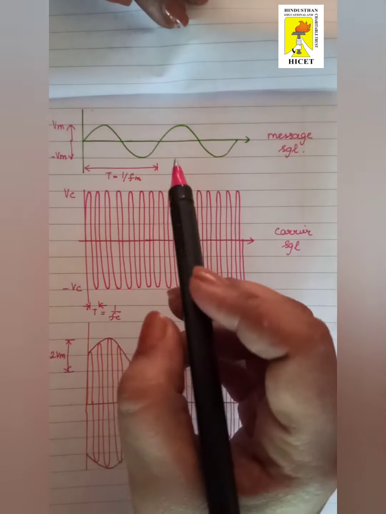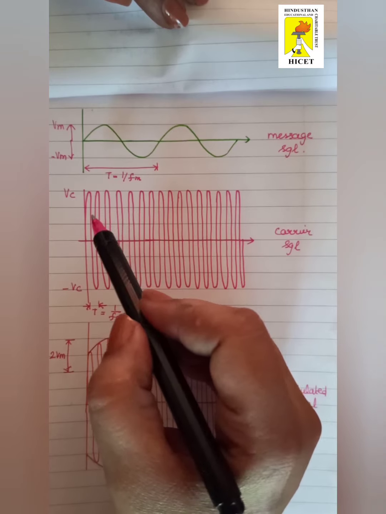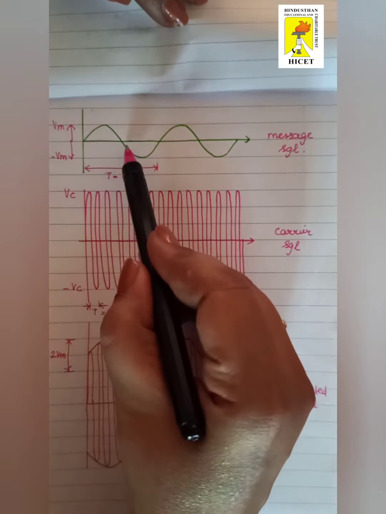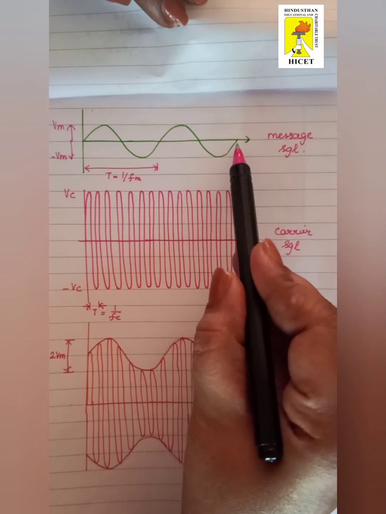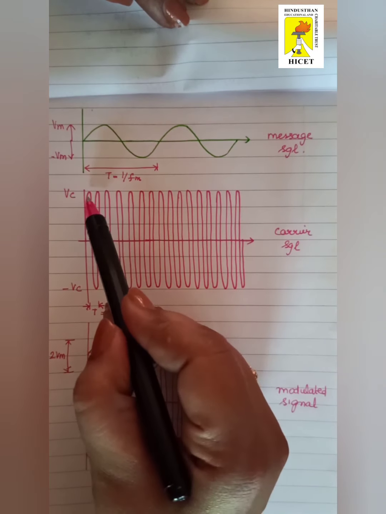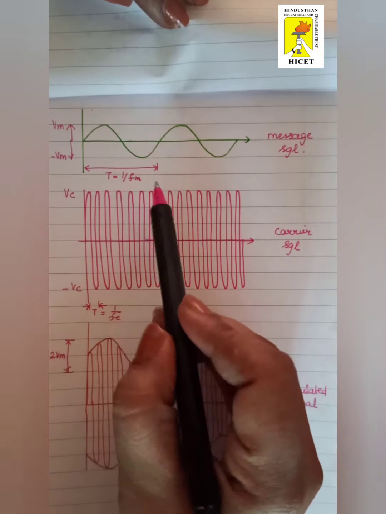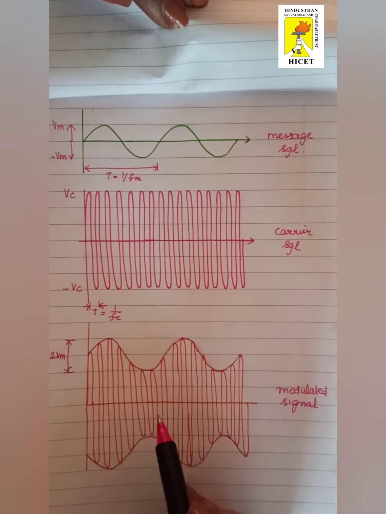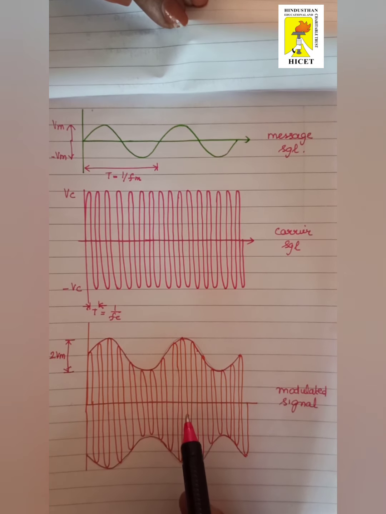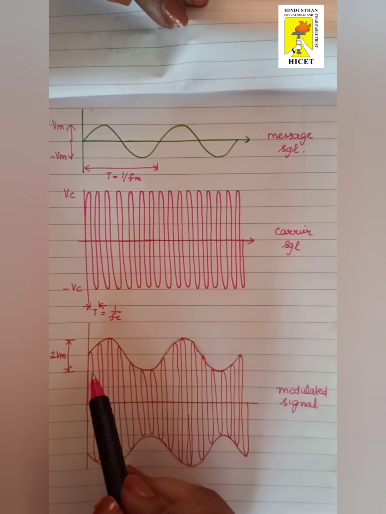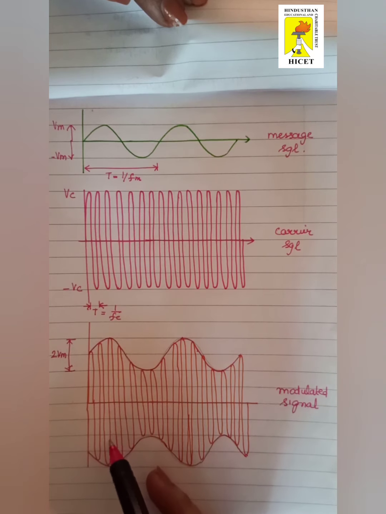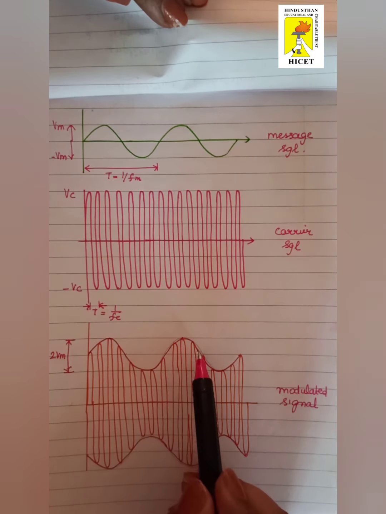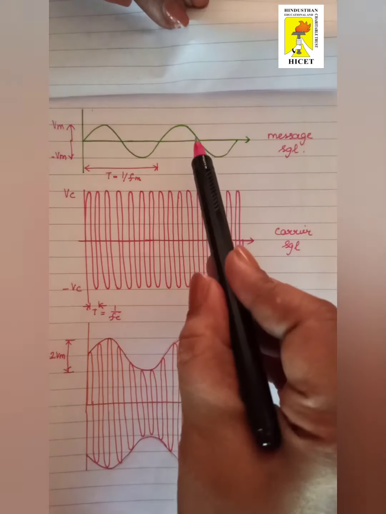Now, as in amplitude modulation, the amplitude of the carrier wave is changed according to the amplitude of the message signal. So you can see that this amplitude varies in accordance to the amplitude of the message signal. So that is what we see in this diagram. So this is the modulated signal, where you can see that inside you are having the carrier wave. The carrier wave's amplitude changes in accordance to the amplitude of the message signal.